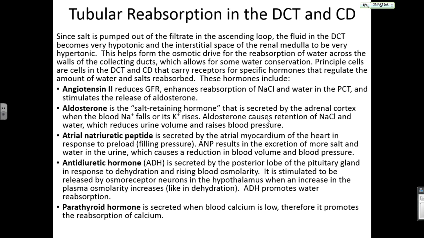Here, we're going to be sensitive to hormonal influence. You can see there are several hormones. We've already talked about some of these in this lecture. We've definitely talked about all these hormones at various points in the semester.